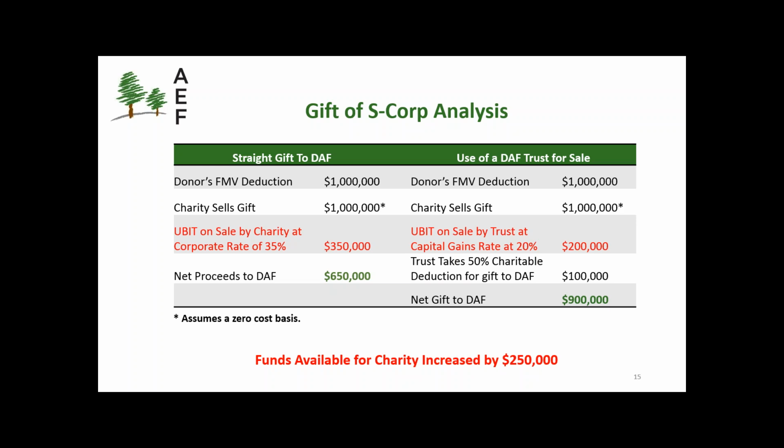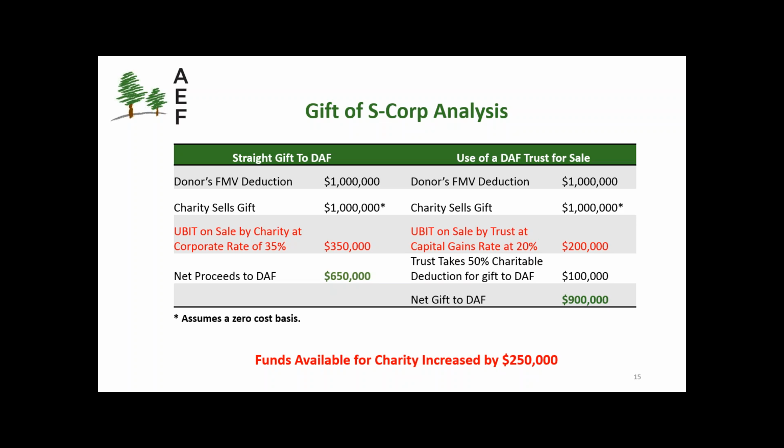Simply by being smarter and more tax optimal in terms of the entity structure on how the S corporation is given, rather than taking it into the left pocket that is in corporate form, we are recommending that they might take it into the right pocket in trust form, and simply by doing it through that structure, the charity that is available to be granted into the donor-advised fund increased by $250,000, which is also part of, obviously, the overall investment bucket and working with their advisor to make that $250,000 grow that much faster.